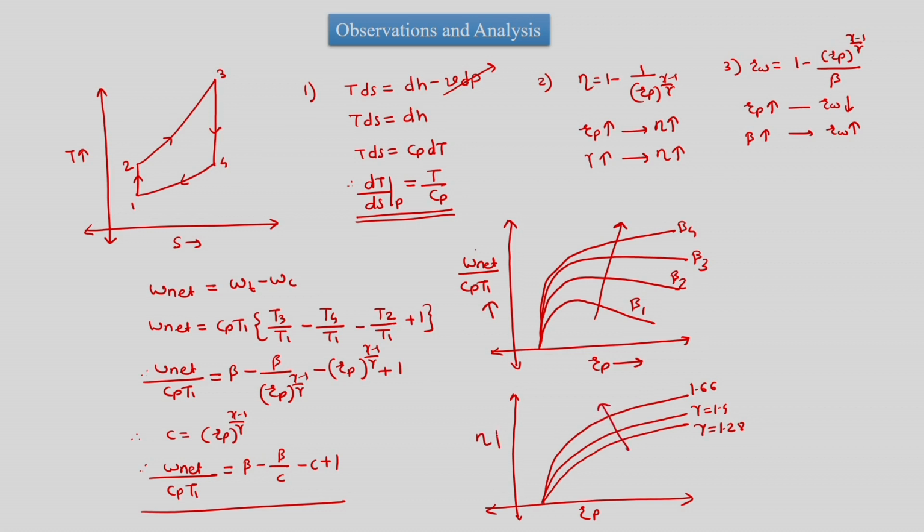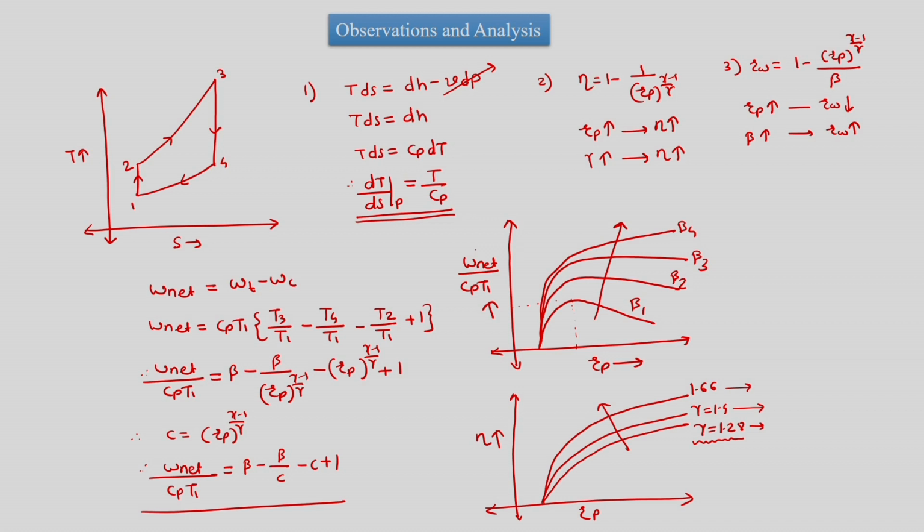As we have said, efficiency increases with Rp and efficiency also increases with gamma. In case of W net, we have seen that for a particular Rp, W net is maximum. Then gamma 1.28 represents a triatomic molecule, gamma 1.4 represents a diatomic molecule, and gamma 1.66 represents a monoatomic molecule.